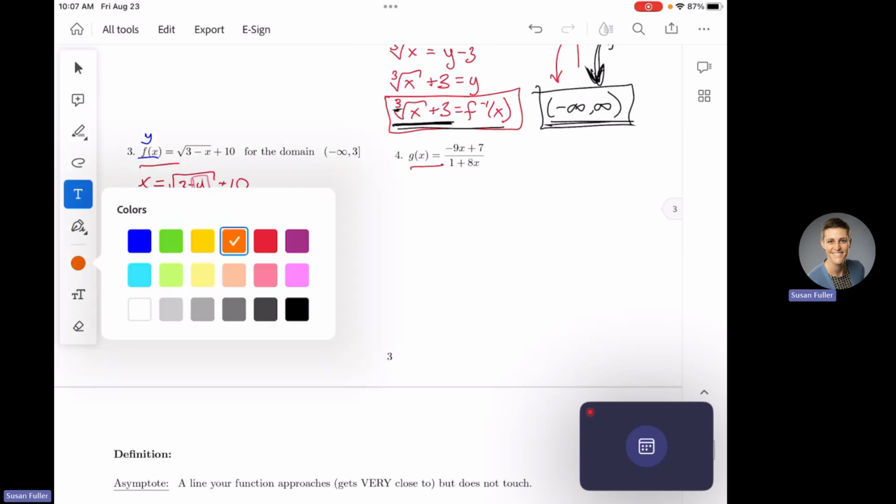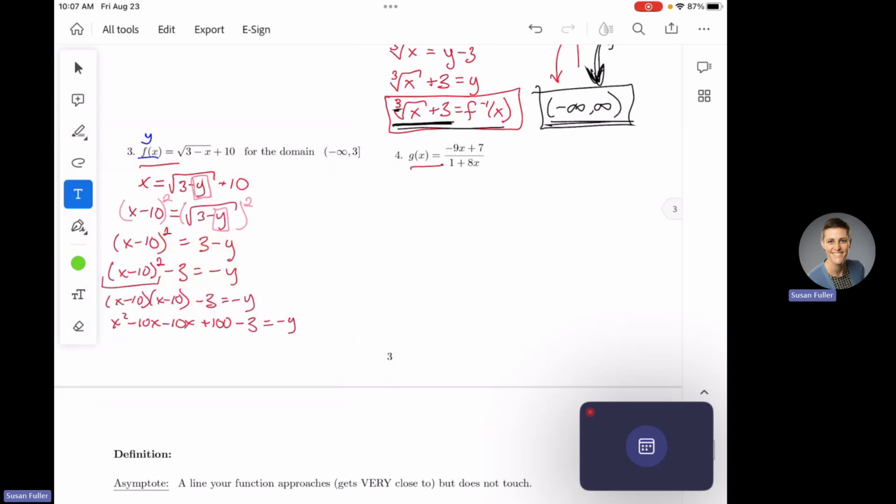And I can combine all of my like terms. I've got negative 10x and negative 10x. Those will combine. And I've got the 100 and the minus 3. Those will combine as well. And so I will have x squared minus 20x plus 97 equals negative y.